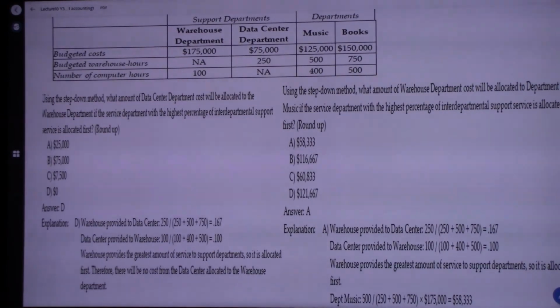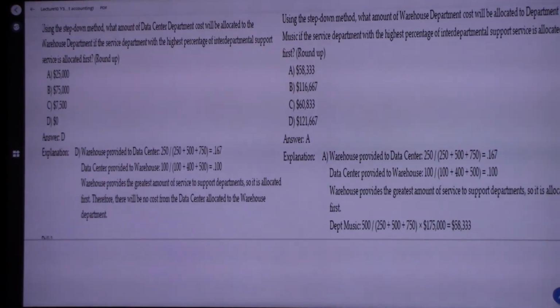After making the calculation, I would multiply the result by the total warehouse cost, meaning that the ratio given, 500 hours divided by 250 plus 500 plus 750, and the result multiplied by the total cost of warehouse, which is 175,000.